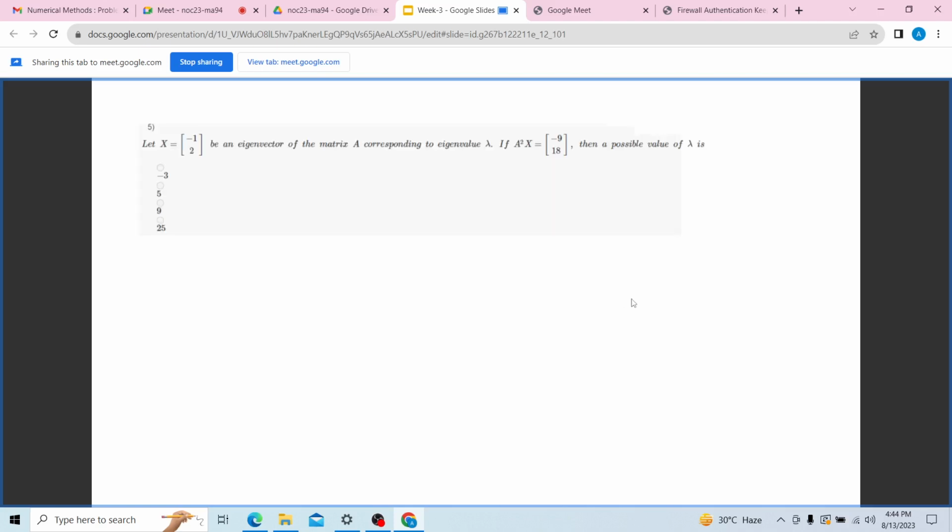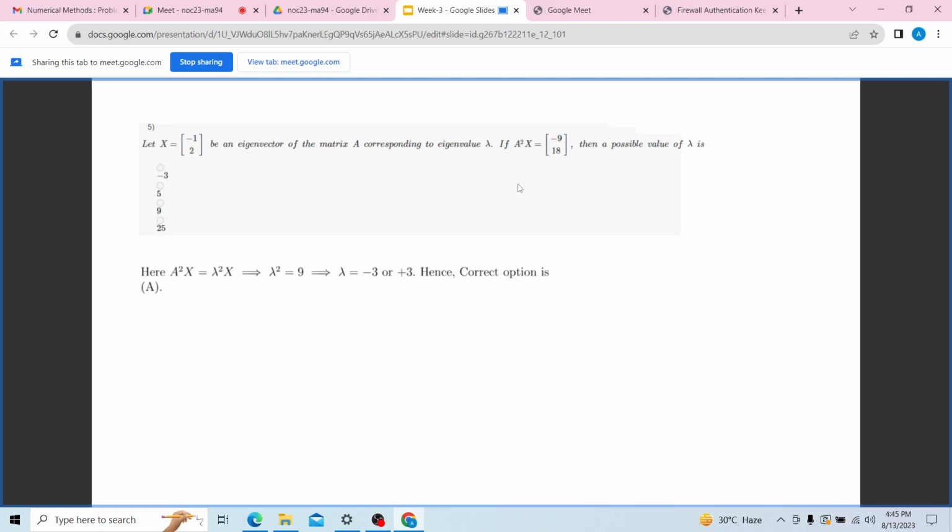Now the next question is, let x equal the column vector (minus 1, 2) be an eigenvector of a matrix A corresponding to the eigenvalue lambda. If A squared x equals the vector (minus 9, 18), then a possible value of lambda is... So for the given eigenvector and this given value, you have to calculate the eigenvalue lambda.